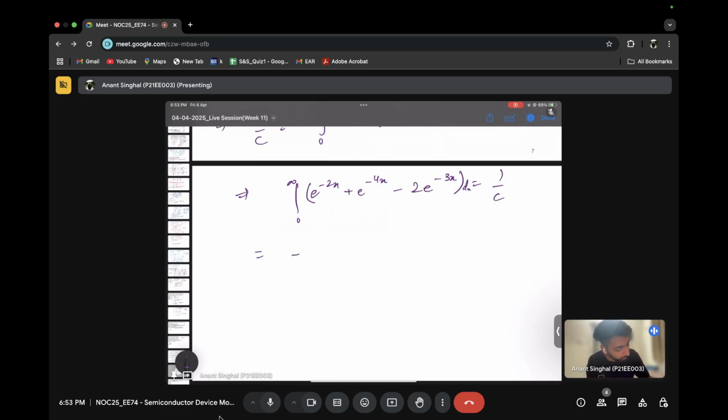So it will be minus 1 by 2 e raised to power minus 2x minus 1 by 4 e raised to power minus 4x, plus 2 by 3 e raised to power minus 3x, and the limits are from 0 to infinity, equal to 1 by c. So e raised to power minus infinity is 0, right?